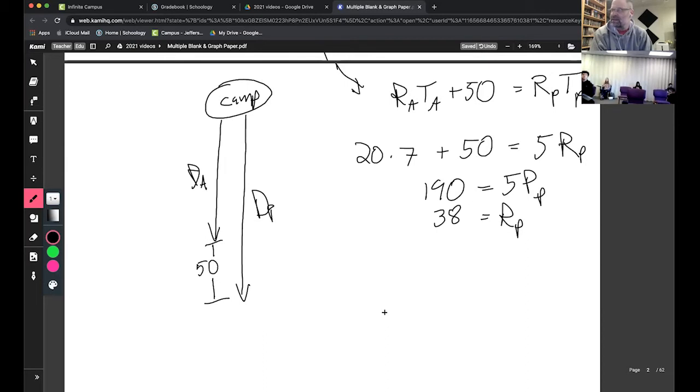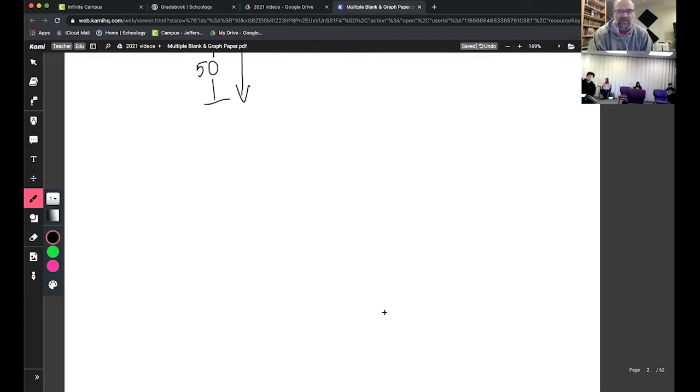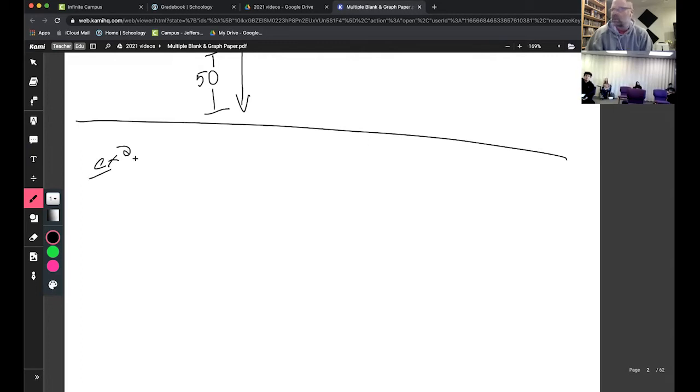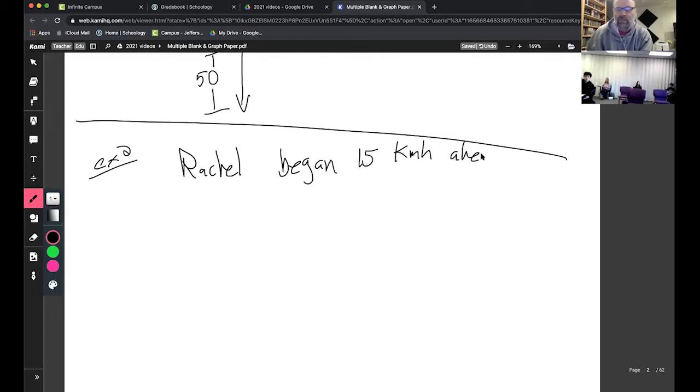All right, so this scenario, there's a couple other examples here. Let's do another example. All right, Rachel began 15 kilometers ahead and they ended up in the same place.